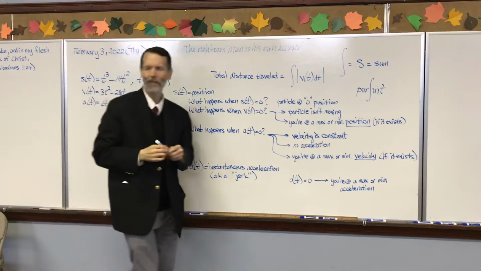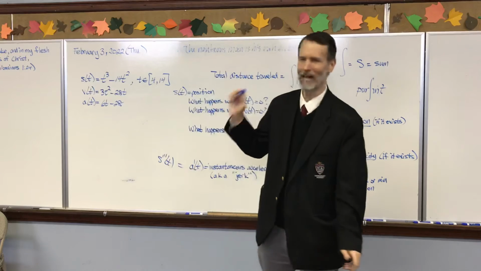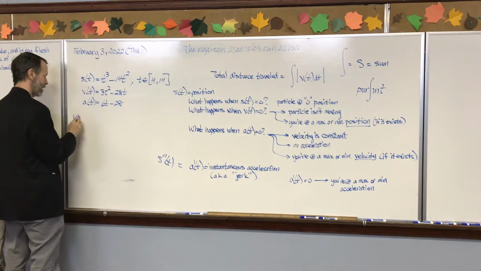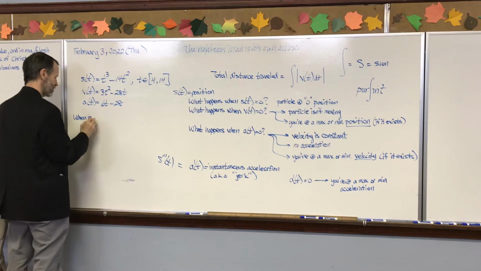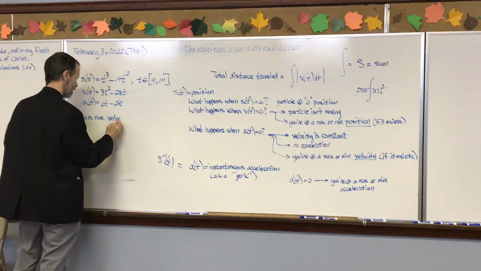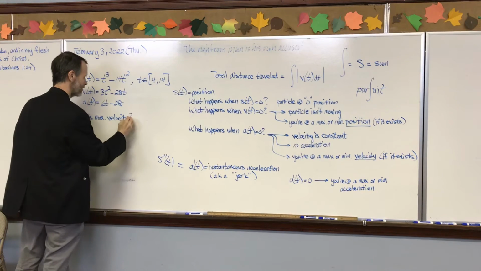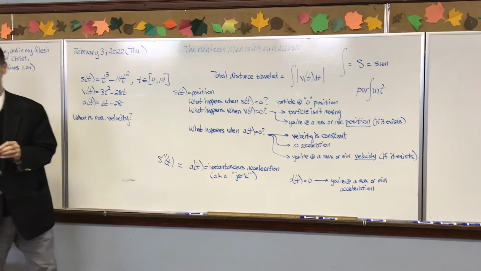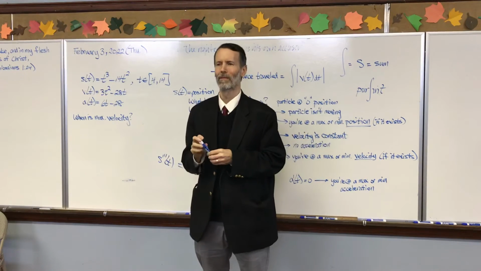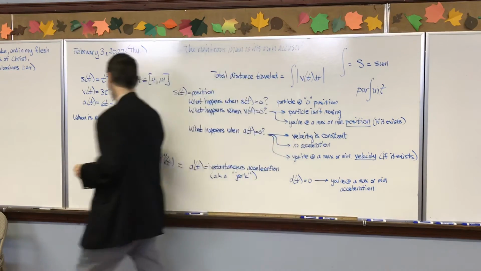How would you go about finding the maximum velocity? What value of t gives you the maximum velocity, or min?